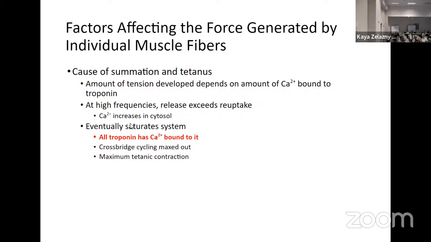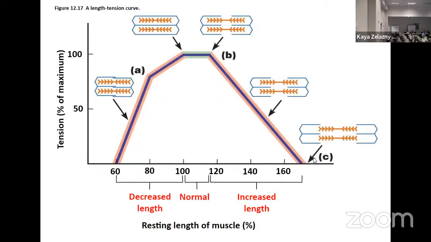Eventually, all of the troponin has calcium bound to it, which is when we see that tetanus happening: everything's at its strongest contraction, everything has calcium bound to it. We're not relaxing, we're not unbinding the calcium, everything's maxed out there. It's all about the calcium. Okay, so let's look at these pictures because it's worth a little bit of explaining.